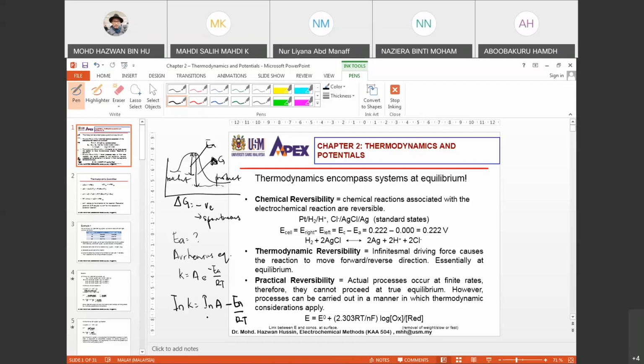And if, for example, I make a plot of ln k versus 1 over T, you get a slope.